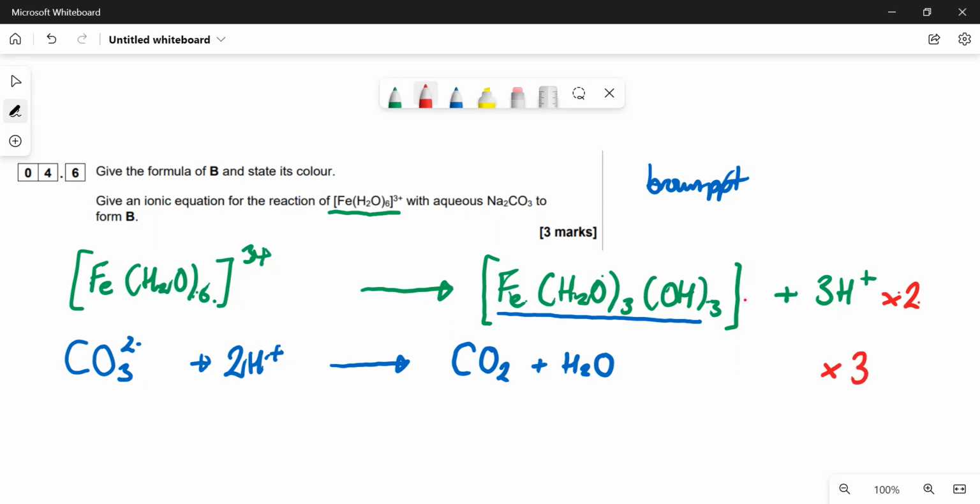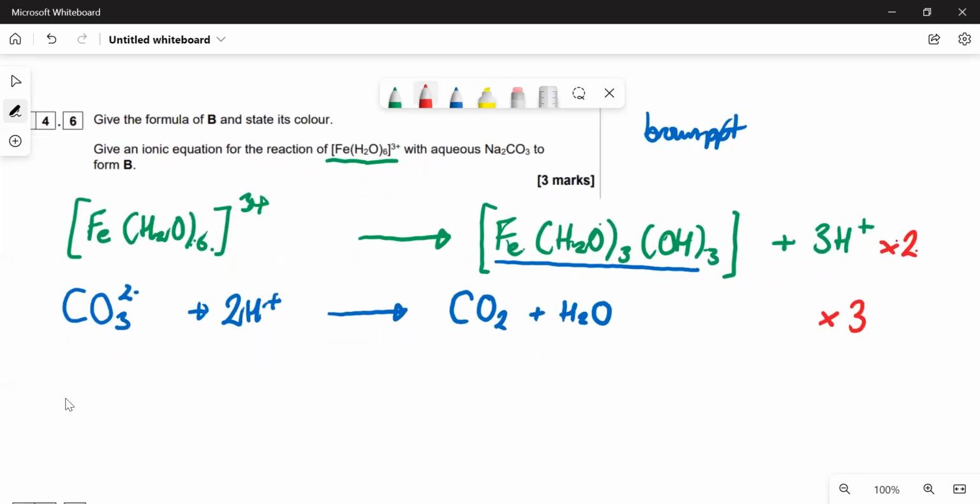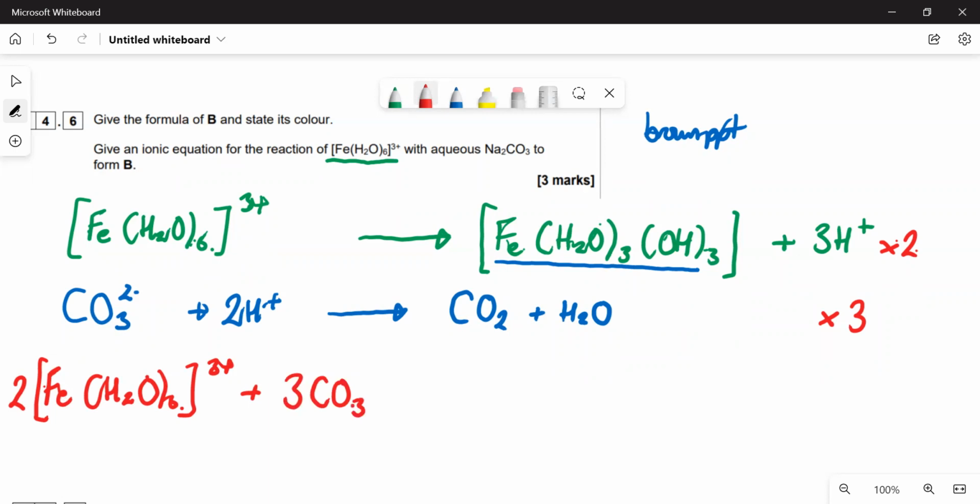So if we do that, I'll just write the equation down in full here. We're going to have Fe(H2O)6, and we're going to need 2 of those, multiply by 2, and we're going to need 3 carbonate ions. The protons are going to cancel out, so I'm not going to put them in the equation.